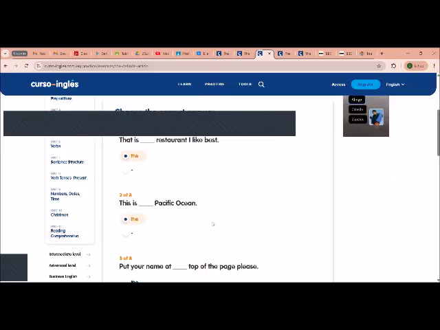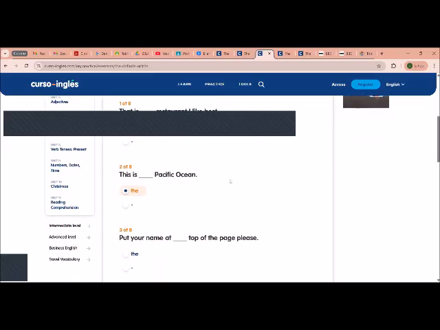Exactly. The specific one of the big oceans. We have the Pacific Ocean, we have the Atlantic, we have the Indian. So to identify it out of that group, we will use the, right? Daphne.